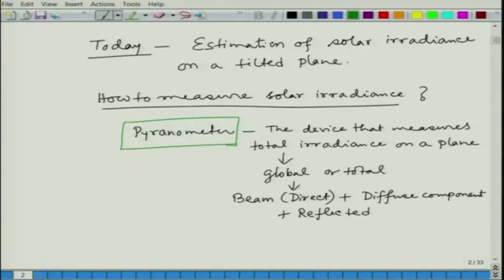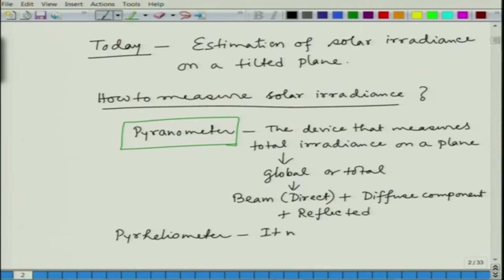Okay. The other instrument that is related to such measurement is called pyrheliometer. Okay. And what does it do?